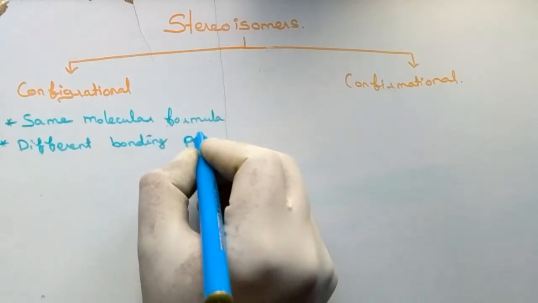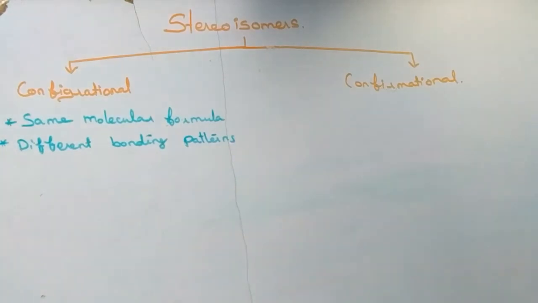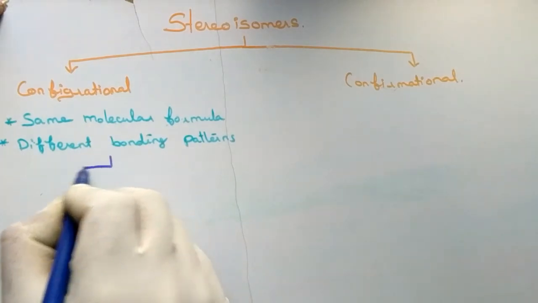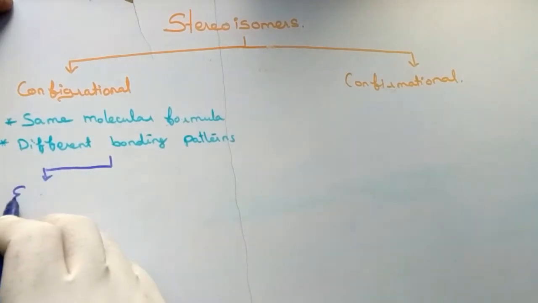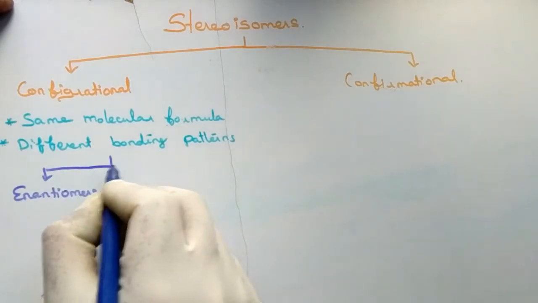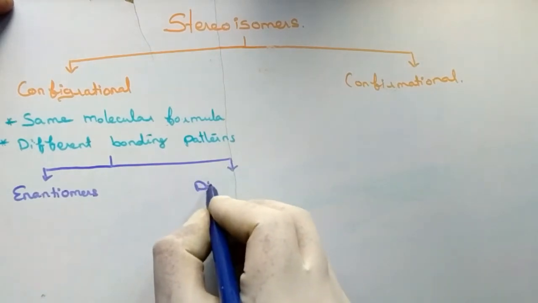And there are two types of configurational isomers. They are enantiomers and diastereomers.